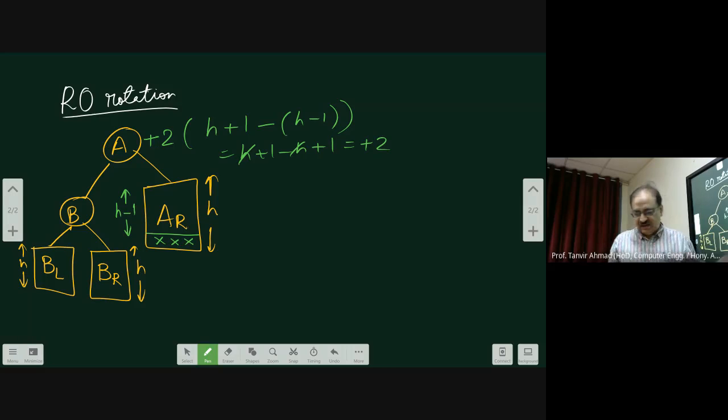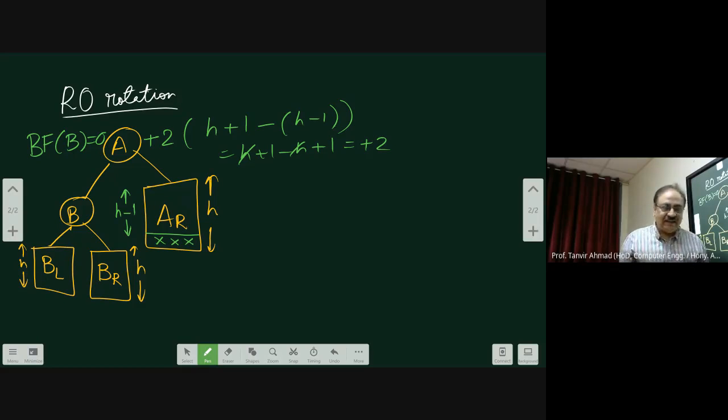Now, after deletion, this is the case. And now, how will I come to this conclusion? In this case, the rule is that the balance factor of B is 0. The balance factor of B is equal to 0.